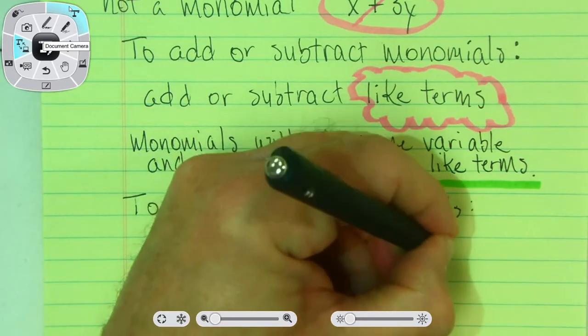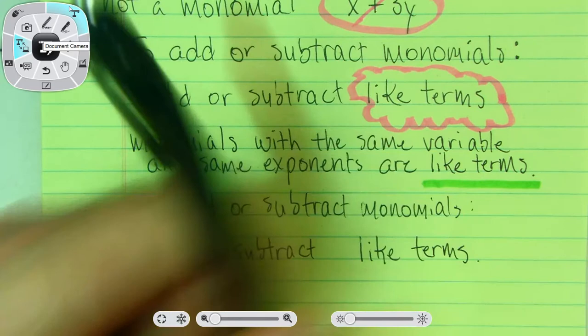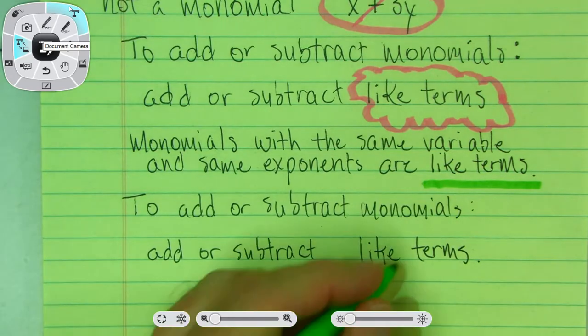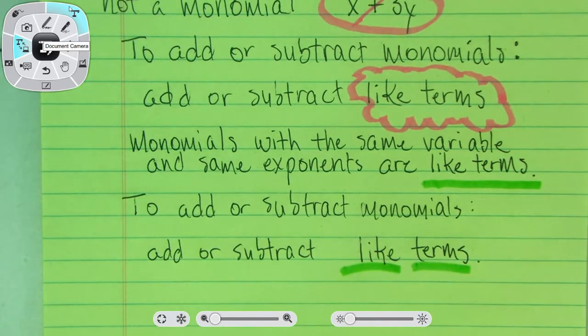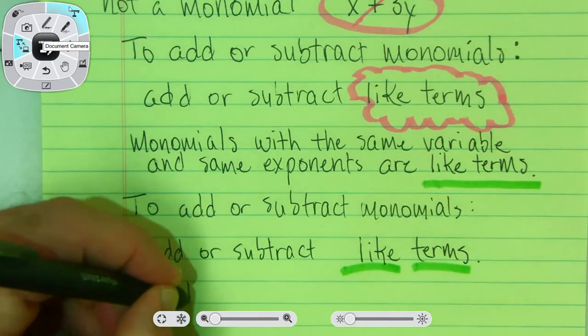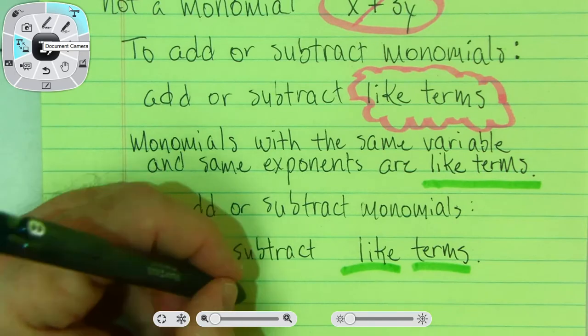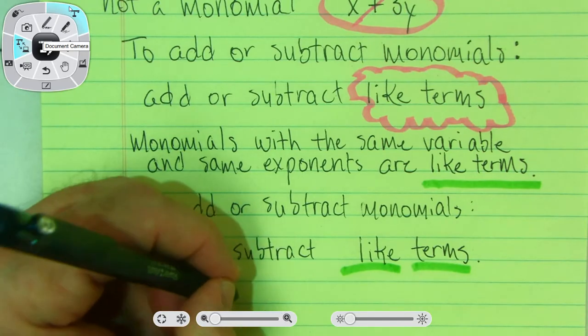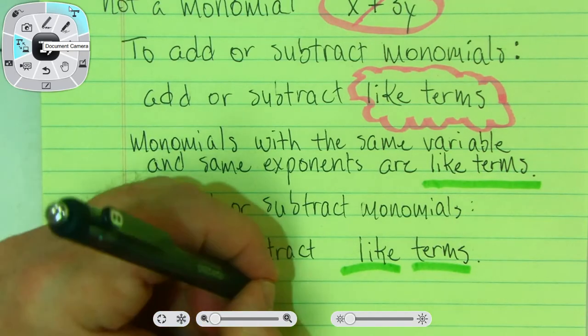So that's the overlapping portion of this lesson. We know how to add and subtract like terms. So when we're talking about monomials, that's what we do. And whatever we do, when we add or subtract, we do not change the variables or the exponents when adding and subtracting.